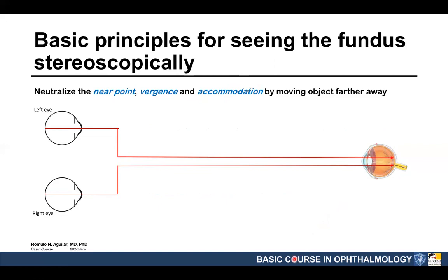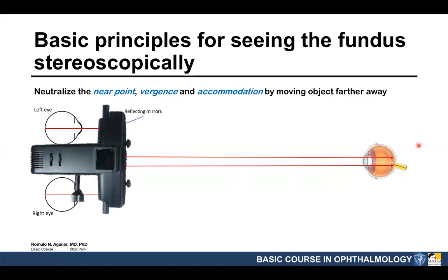This is done like magic with mirrors. There will be reflecting mirrors that would bend the line of sight and bring it all the way inside the eyeball to the retina. Now, this is basically what you will find in the head gears or the head pieces of your indirect ophthalmoscope. You have reflecting mirrors there.